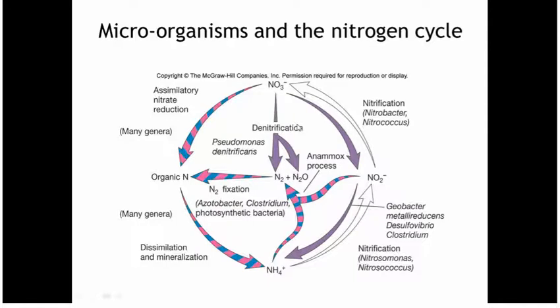And that means that this is happening in different environments and different bacteria are performing these different processes. You don't have the same bacterium doing the same reaction in both directions. So the reason you've got the arrows going in both directions is because basically oxygen is present or not.